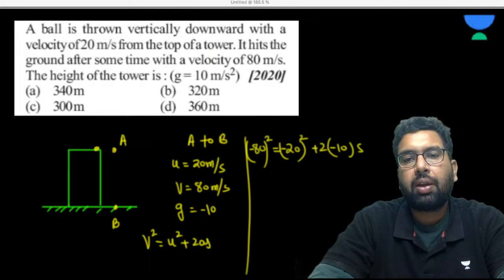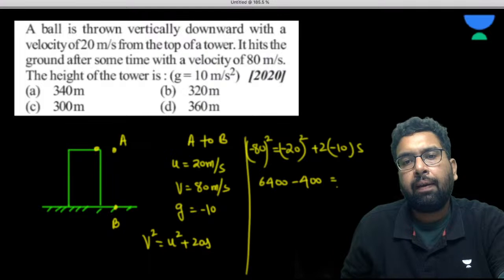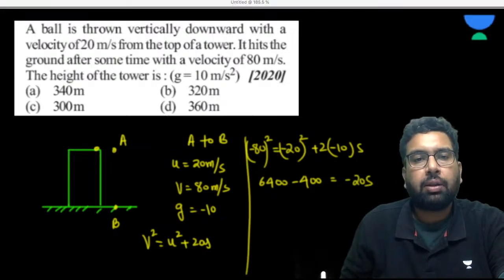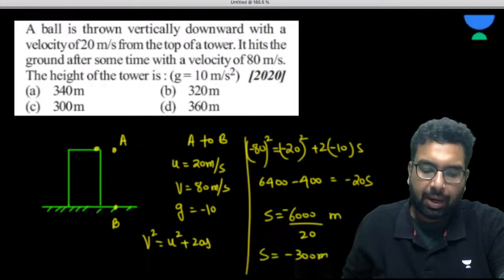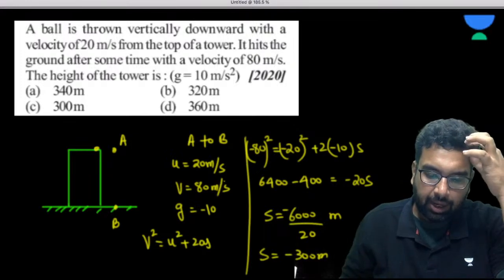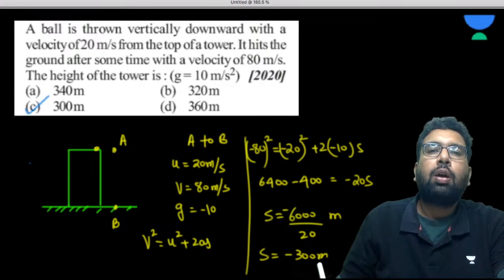It will become 6,400 minus 400, and it is going to be minus 20 of S. So this is going to be 6,000 by 20 with a minus sign. So S is going to be minus 300 meter. And why is minus coming? Minus is coming because it is downward.